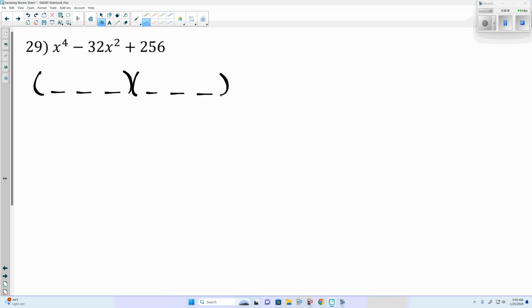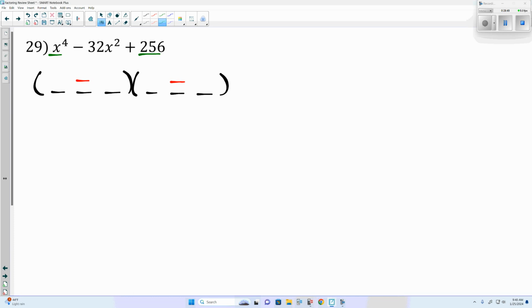We can treat it the exact same, and the reason we can is because the middle term is x squared, and the first one's x to the fourth. So if we factor this like we've been doing, since the third term is positive, the signs are the same and match the sign of the middle term. Negative and negative.